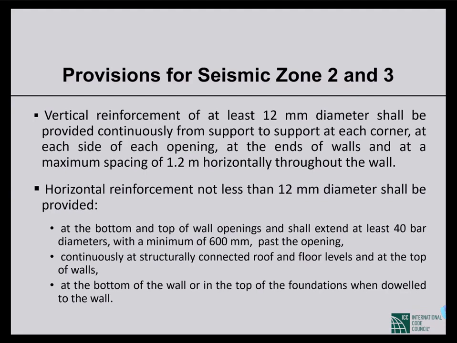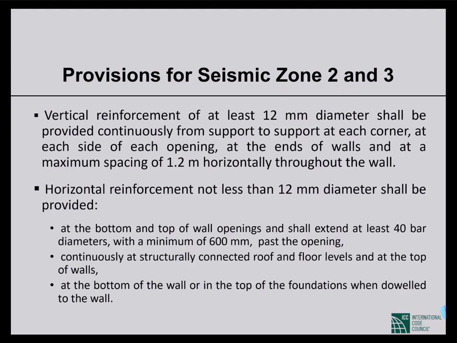So if there is an opening, like a window, at the bottom of the window you have to provide a 12 millimeter bar, and at the top, and it shall extend at least 40 bar diameters from the end of the opening. At least 600 millimeters we have to develop past the opening.